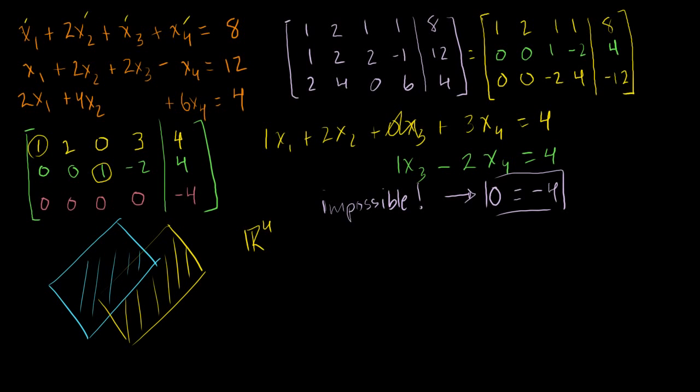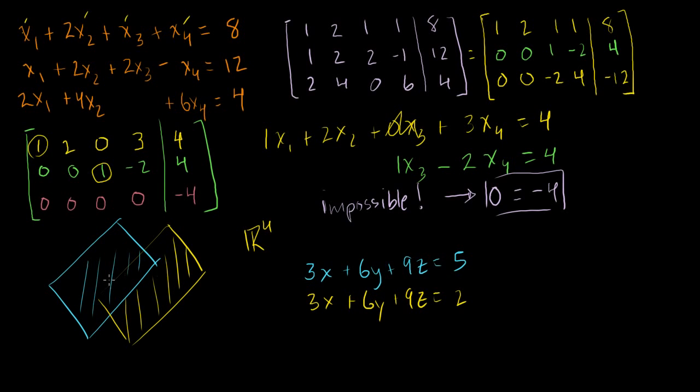Let's say this first plane was represented by the equation 3x plus 6y plus 9z is equal to 5. And the second plane was represented by the equation 3x plus 6y plus 9z is equal to 2.